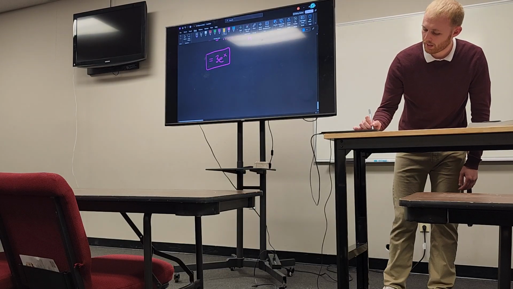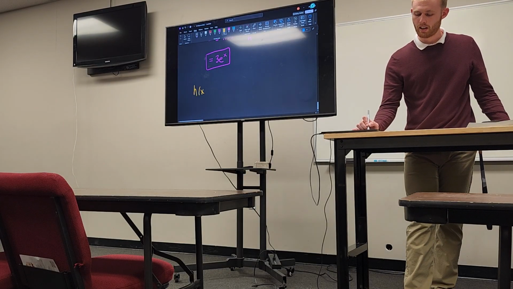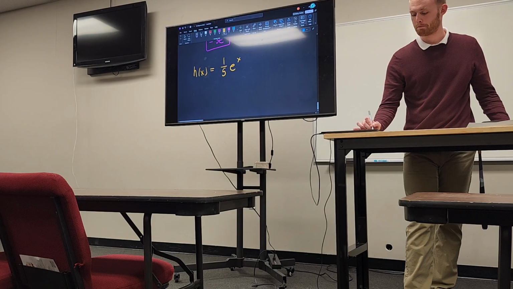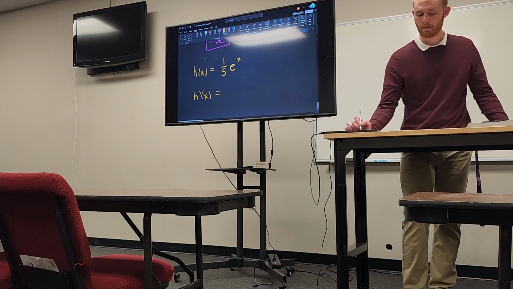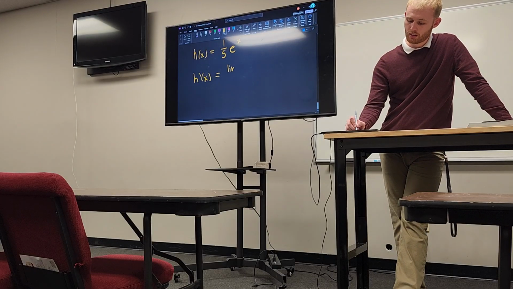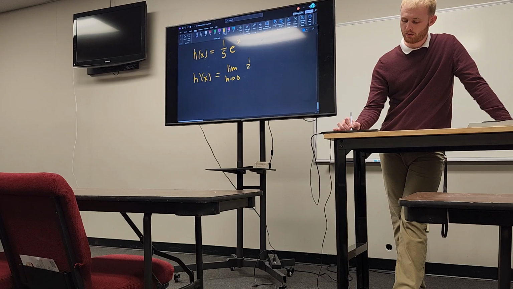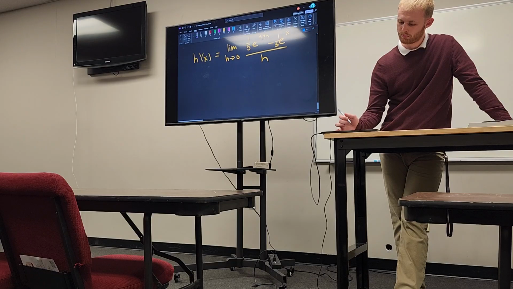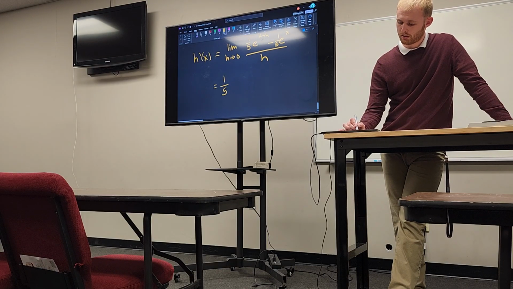Okay, what if I have h of x equals 1/5 e to the x? Well, we could show it, right? I can say h prime of x would be the limit as h approaches 0 of 1/5 e to the x plus h minus e to the x over h. Which makes sense because the constant would be like a stretch or a compress.